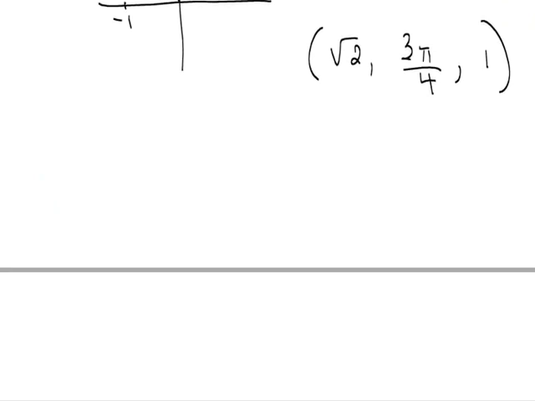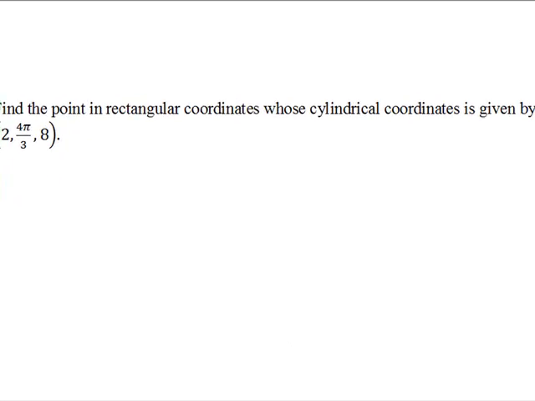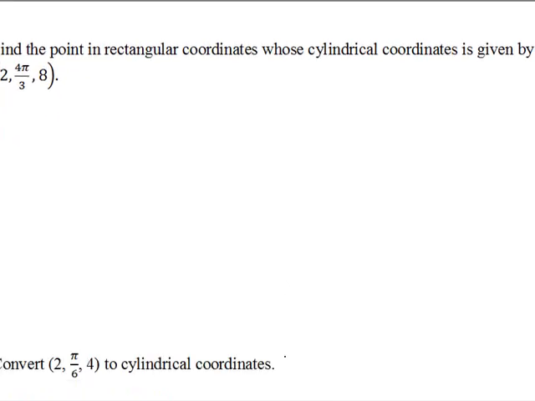Okay, why don't you try 2 on your own? Convert to cylindrical, just as we did, and then to rectangular. Sorry, convert to rectangular first, and then to cylindrical. I have the wrong point here. There's an error here.